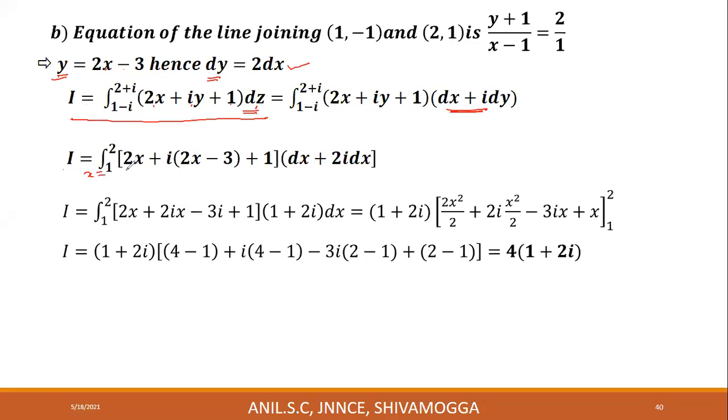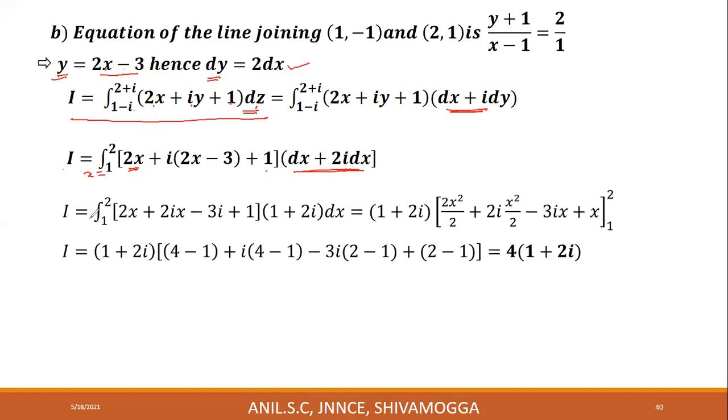If you want to integrate with respect to y, then take limits as y from minus 1 to plus 1. 2x, keep it as this, plus i into y, and y is equal to 2x minus 3. Therefore, i into 2x minus 3 plus 1 as it is, dx plus 2i dx, since dy is equal to 2 dx.